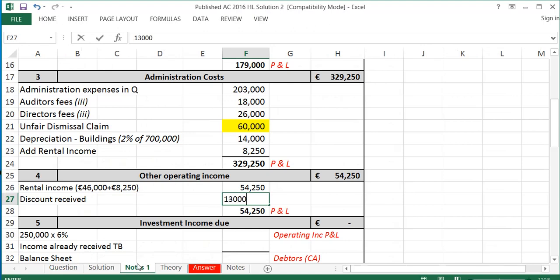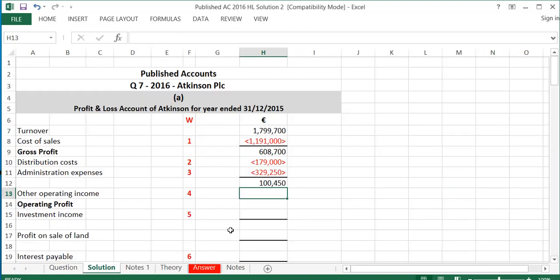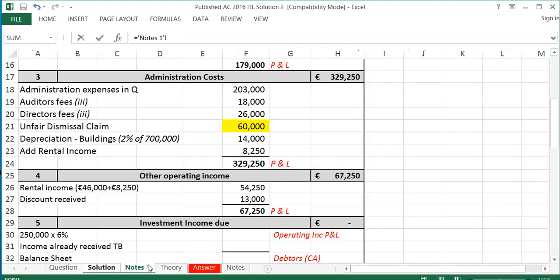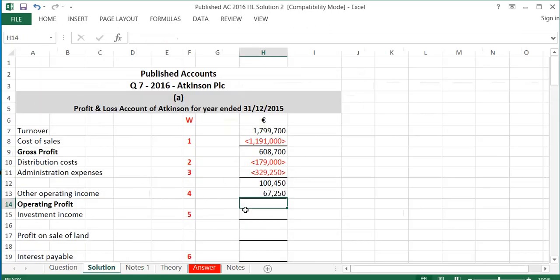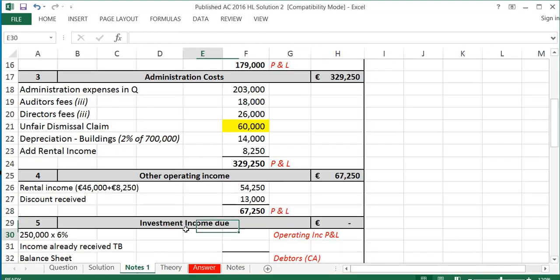So that income has to go there, which leaves me with 67,250. So my total operating income is 67,250, which leaves me with an operating profit of 167,700.